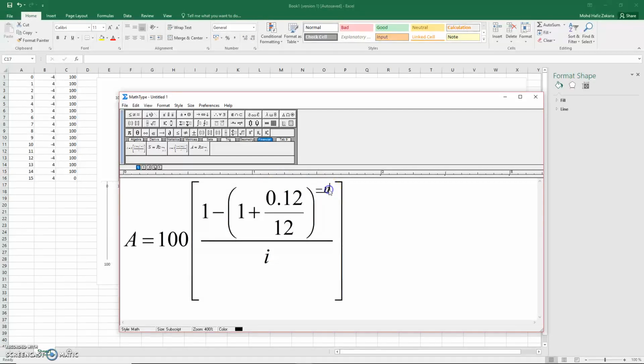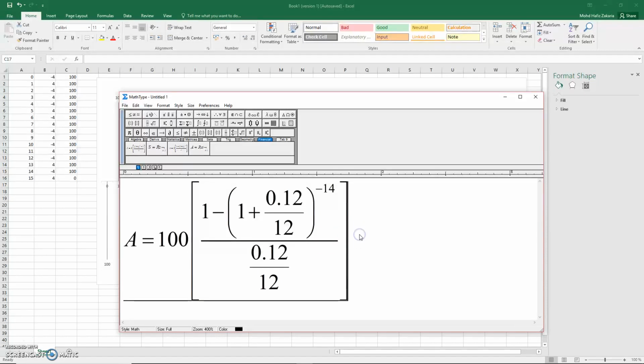We know that Jenny paid for 15 months, but the first payment should not be included, because it is at the present value. So the payments left are 14. Only 14 time periods can be discounted. So N is 14, and the rate is 0.12 over 12.